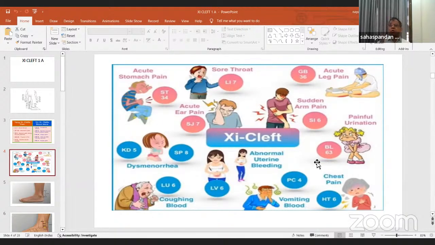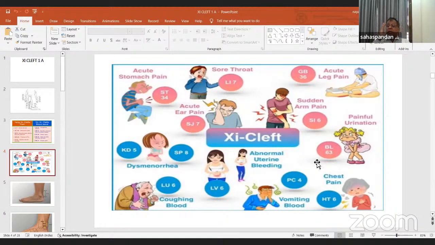GB35, gallbladder 35, for yang linking vessels, and kidney 9 for yin linking vessels. So these are the 4 additional Xi-Cleft points: bladder 59, kidney 8, gallbladder 35, and kidney 9.